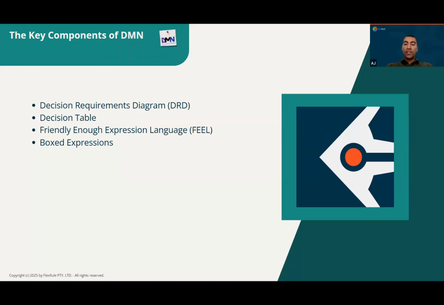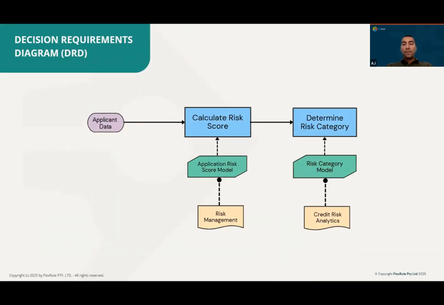The first component is DRD. The first step is to capture business decisions at a high level by modeling them in a decision requirement diagram, which outlines how different decisions relate to each other. DRD allows you to decompose a complex business decision into subcomponents. These subcomponents can be a range of different things, such as input or business knowledge or any activities.